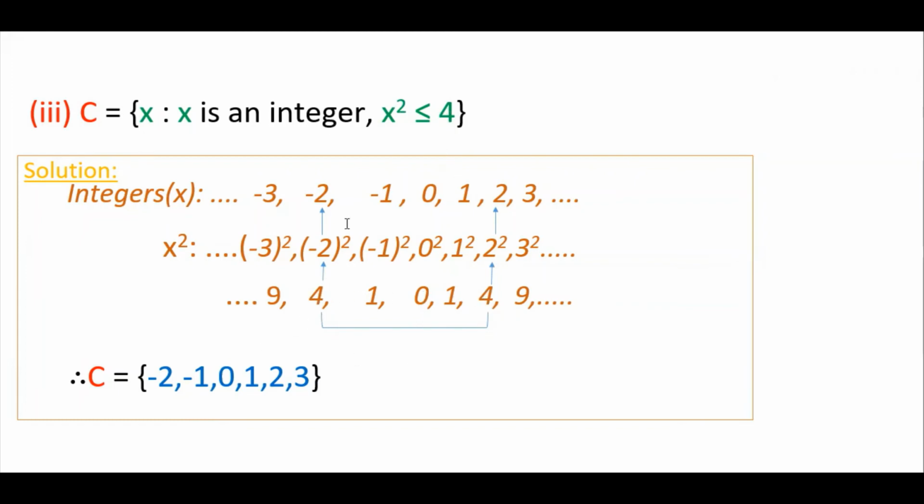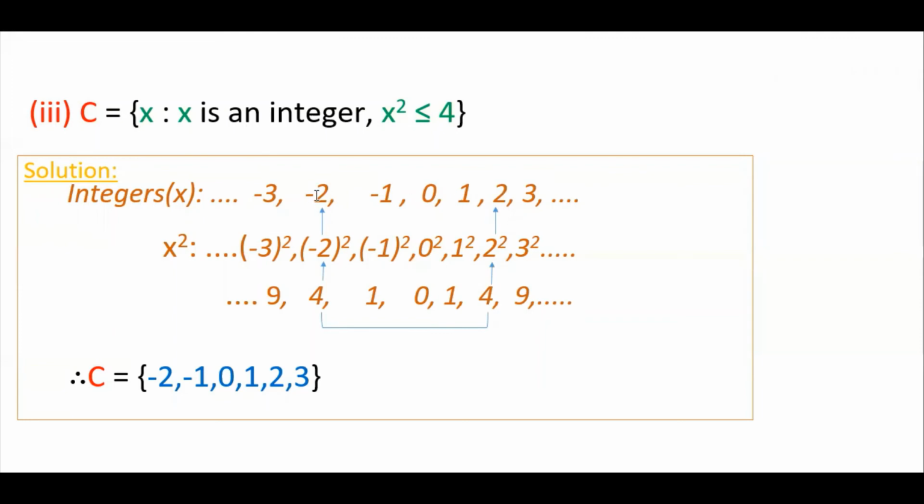But here you have to write the elements, that is x. So you have to check the corresponding elements of these square numbers. Because here x² is a square number, but in the set you have to write the x values. So the corresponding values for 4 are −2 and 2.